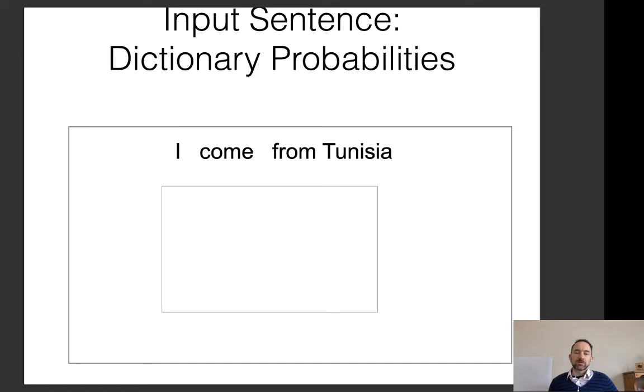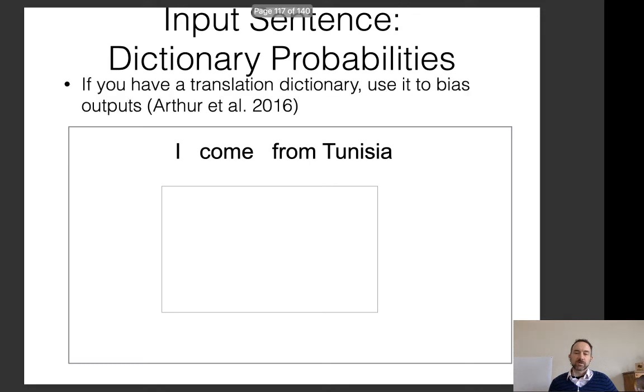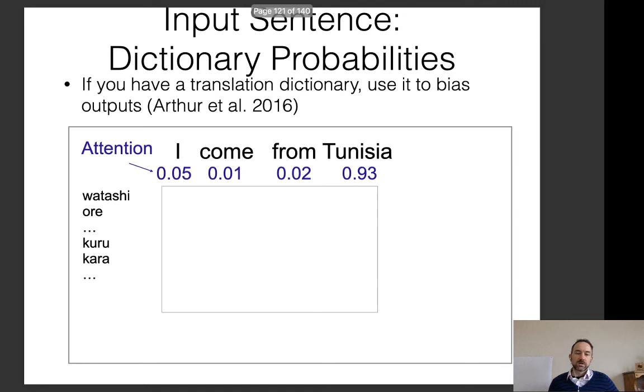Another thing that we can do is we can use the input sentence to influence the probabilities of the output. So if you have a translation dictionary, for example, or other variety of dictionary that maps between the input and output, you can use it to bias the outputs. So essentially what we do here is we do attention, and then we have a whole bunch of different words that we might have in our output.